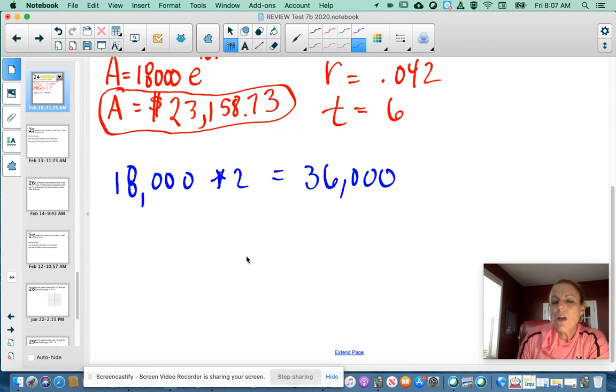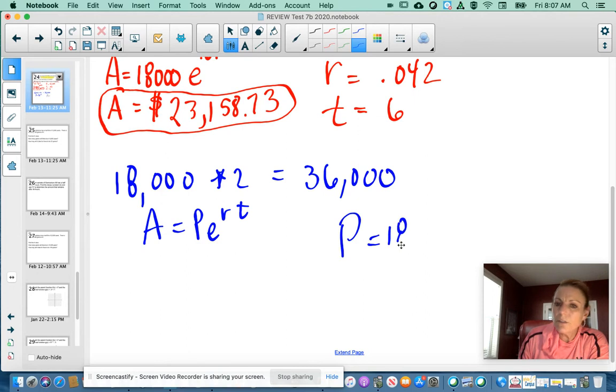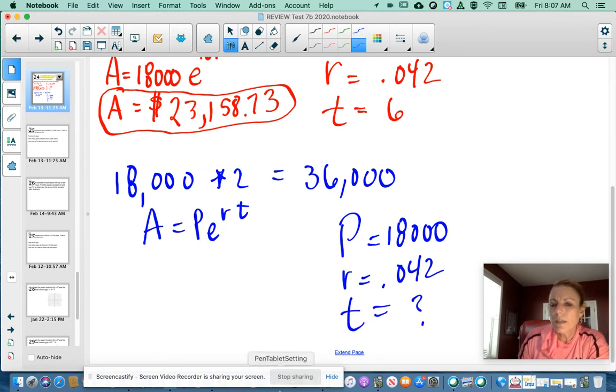We want to know how long it is going to take for Fred's money to be worth 36,000. We're still using PERT. P is still 18,000. R is still this, but we don't know T. That's the mistake students were making on this.